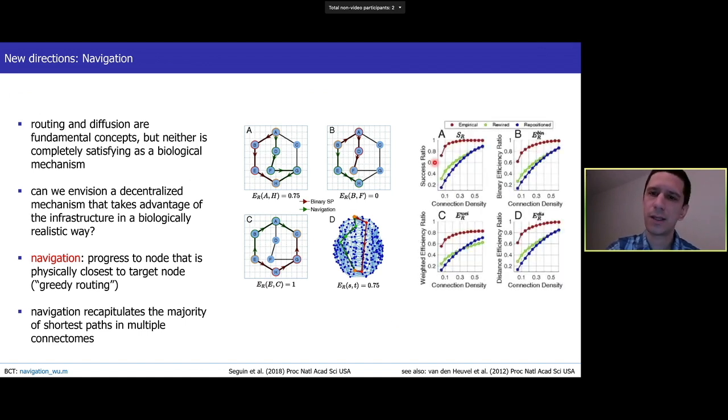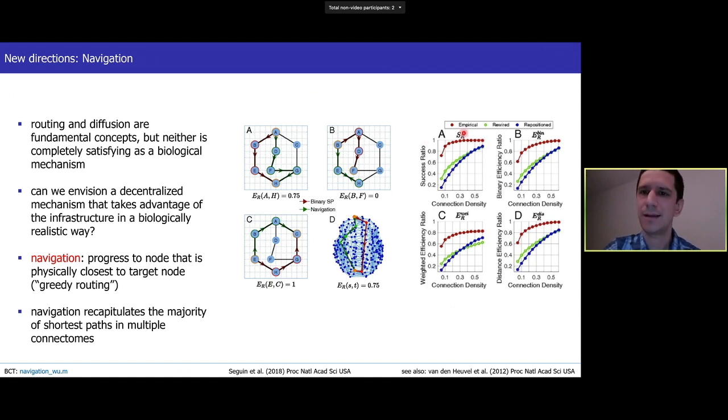So that's what's being shown here. The success ratio is the proportion of shortest paths that can be recovered by blindly forwarding signals to nodes that are closest to the desired target. And the x-axis is just slightly different reconstructions of the network. The curve in red is what you get when you do so on the real brain network. And the curves in green and in blue are 2 different types of null models.